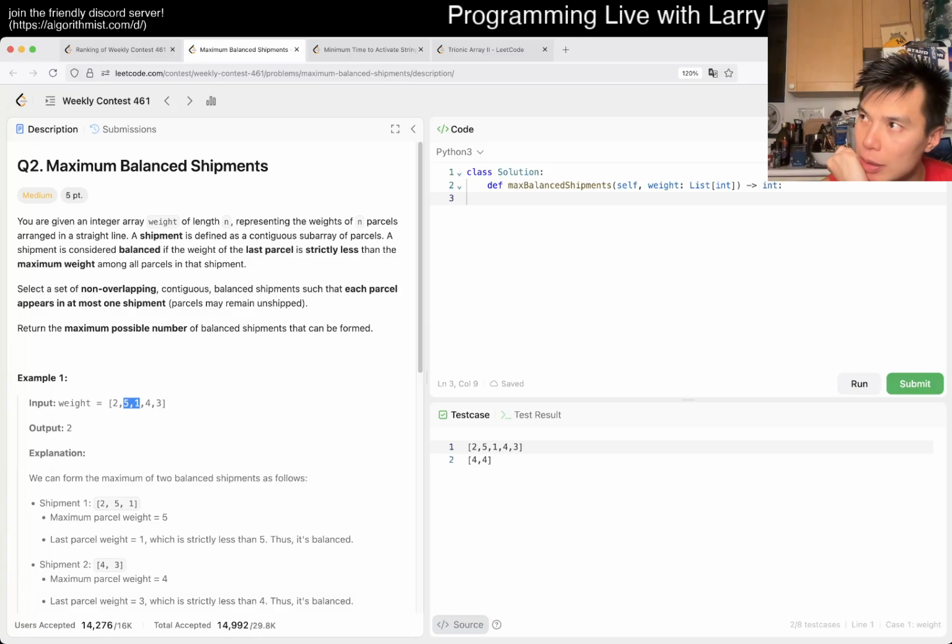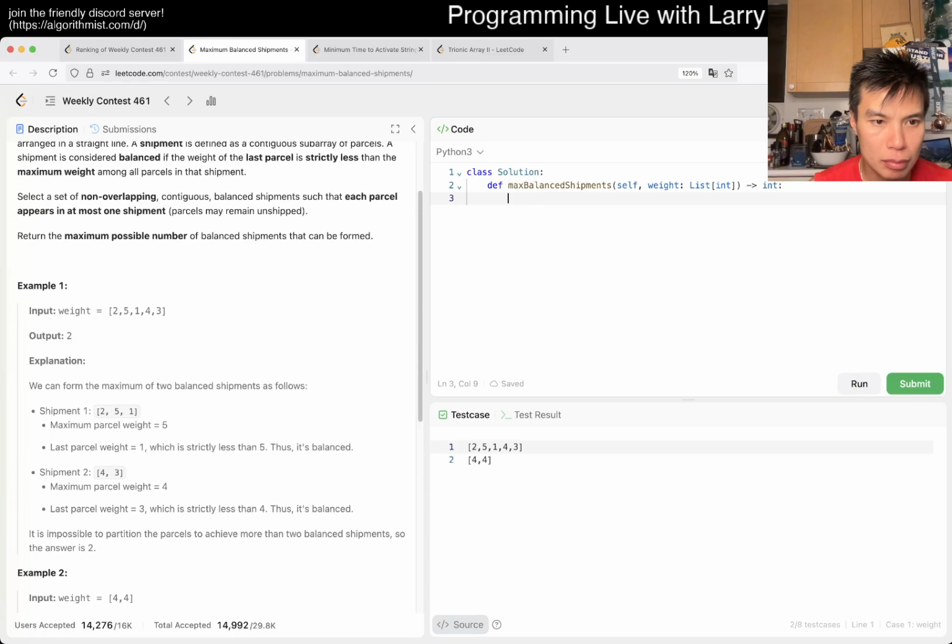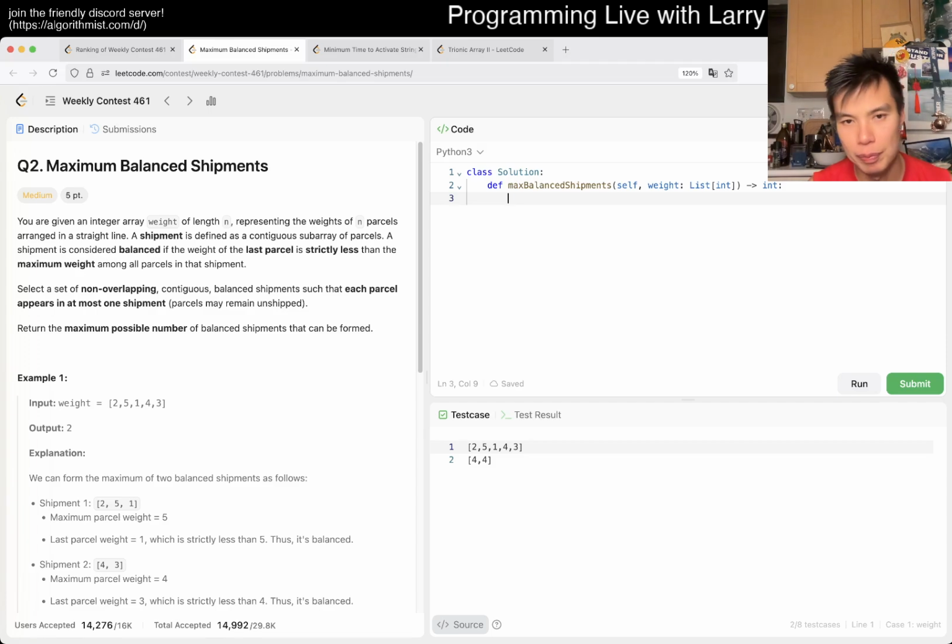I guess it doesn't have to be. No, I mean, it is always 2 elements, isn't it? You could do a proof by case analysis, but then you just take that one anyway, right? So then, yeah, and even in this case, you just take the 5 and the 1 and it's the same, right? So basically we want... unless, I mean, I could be wrong. I think this is right now.